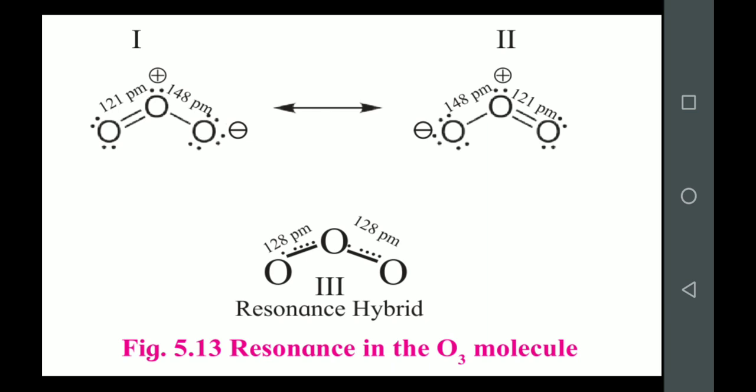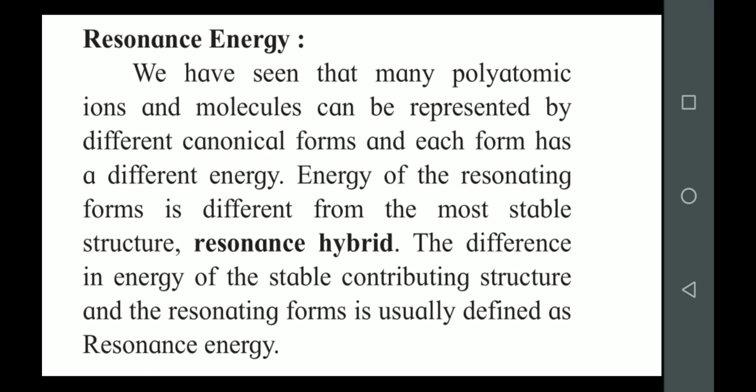Okay, now let's see what resonance energy is. We have seen that many polyatomic ions and molecules can be represented by different canonical forms, and each form has a different energy, like we have seen in the examples of carbonate and ozone.